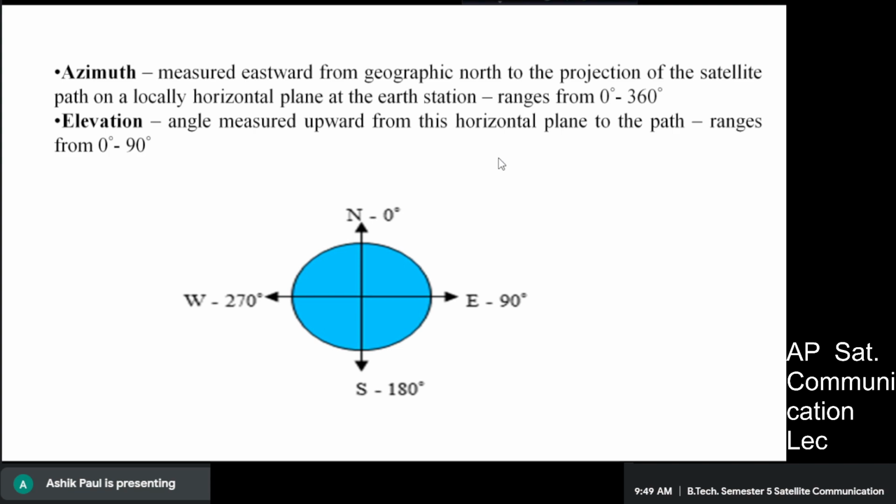So the equator is 0 degree, and Kolkata is about 22.5 degrees north in latitude. So from Kolkata, you have to point your antenna towards the south in order to receive the signal from a geostationary satellite.